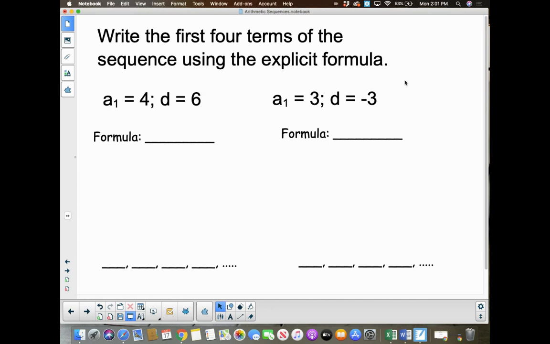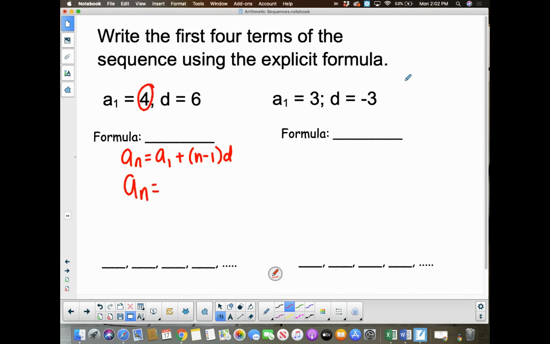Okay, so let's use the formula. a sub n equals a sub 1 plus n minus 1 times d. Let's fill in what we know. We know our first term, which is 4. We don't know n, and our common difference is 6.